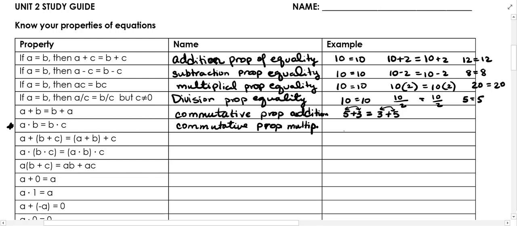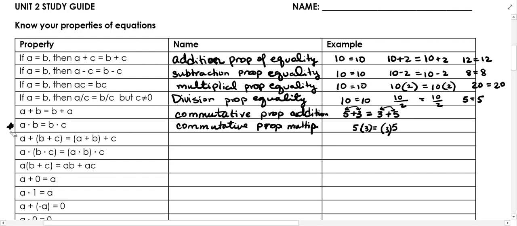Let's take, for example, 5 equals 5. If I multiply this 5 by 3, isn't it the same thing as if I multiply it with the 3 on this side? It doesn't matter for multiplication. So this, once again, also helps us in simplifying our fractions, the commutative property over multiplication.